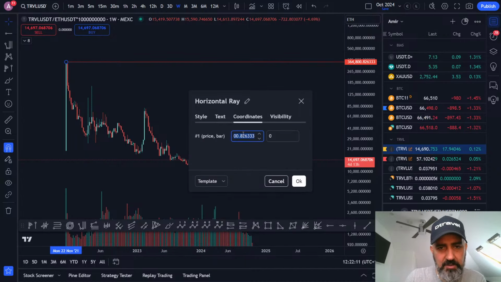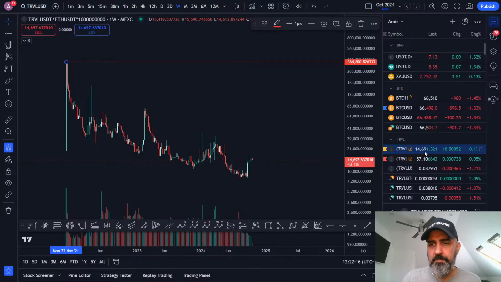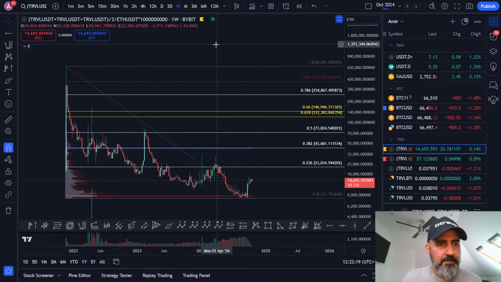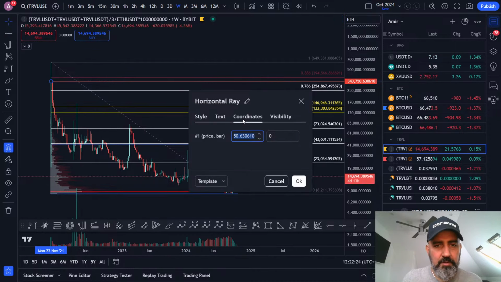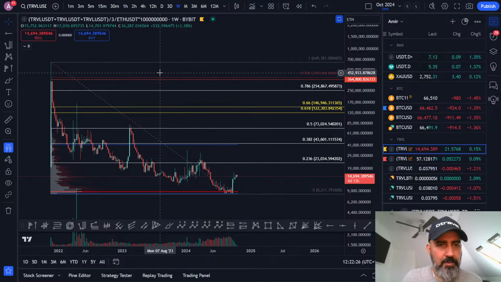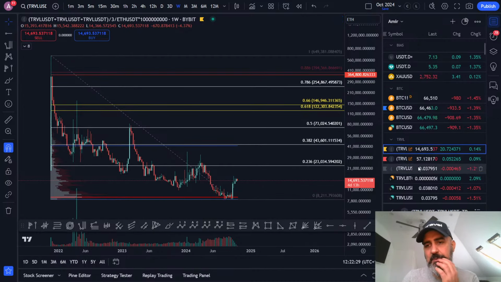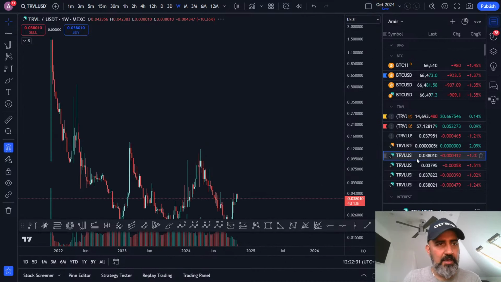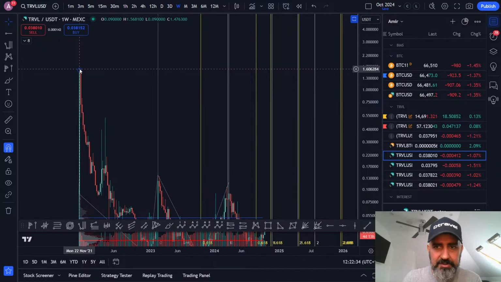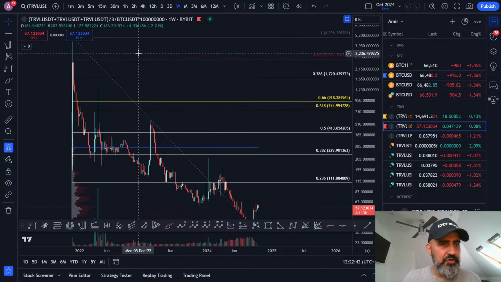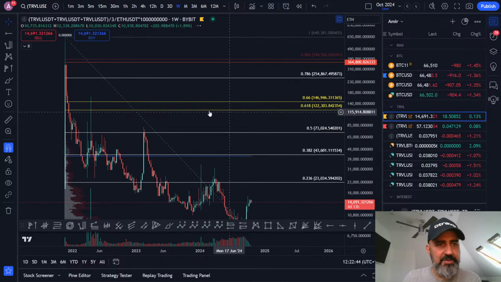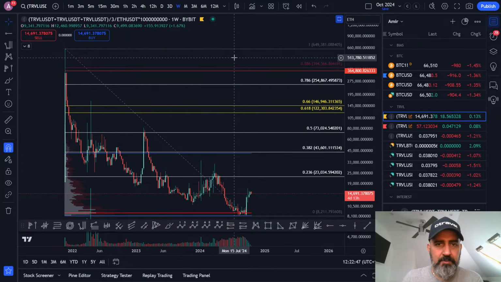I'll try it out. So the reason why I did that is because on MEXC, you see the all-time high, it went to 1.6. In that chart I just got rid of the 2 just to get that value, and it came to there. So I'll have a look at both.